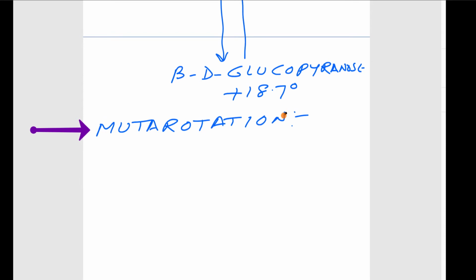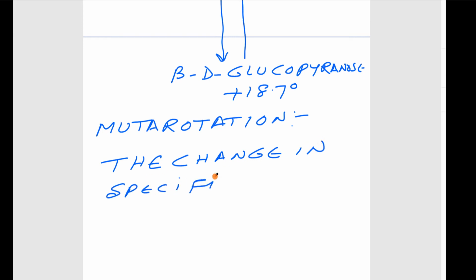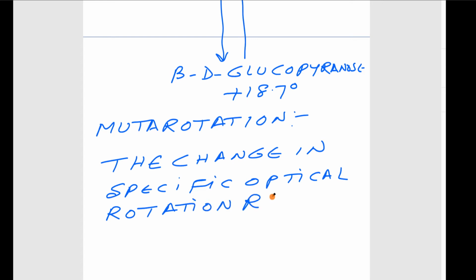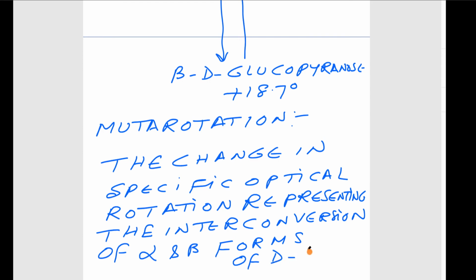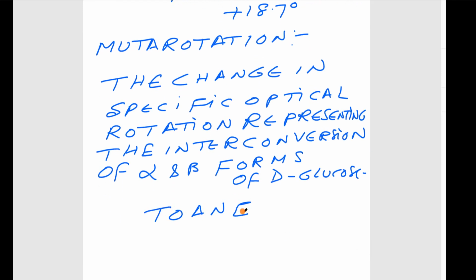Mutarotation can be defined as the change in specific optical rotation representing the interconversion of alpha and beta forms of any exosugar, such as D-glucose, to an equilibrium mixture.